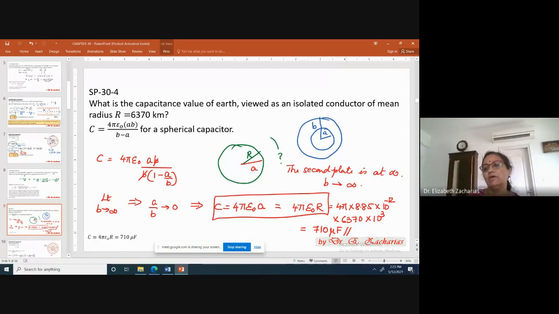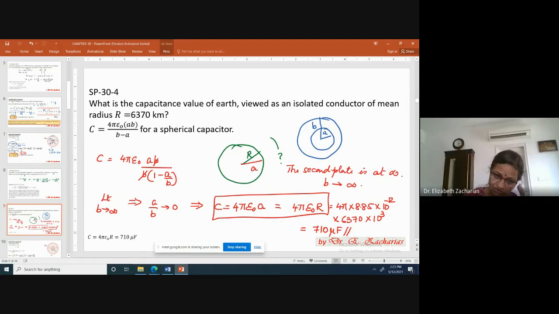Look at the value of the capacitance. It's just microfarad. So all the more, you must be convinced that you can't naturally, with normal technology, have large capacitance. Is there anyone who has a doubt in these steps that I wrote?